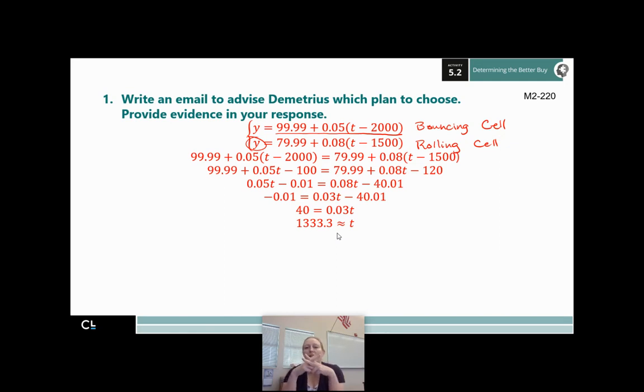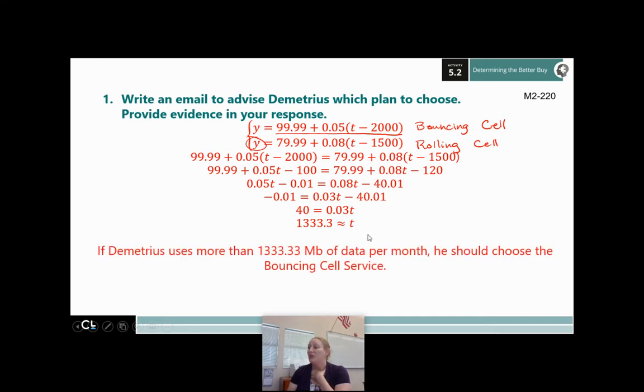Well, if this is where they intersect, here's the deal. Remember that bouncing cell service was less per meg that you went over, and rolling cell service was more per meg that you went over. So here's the deal. If Demetrius is using more than 1,333.33 megabytes of data per month, he should choose bouncing cell service, right?